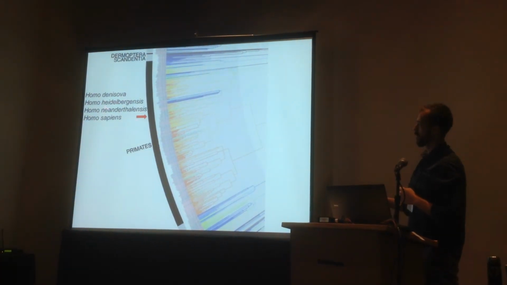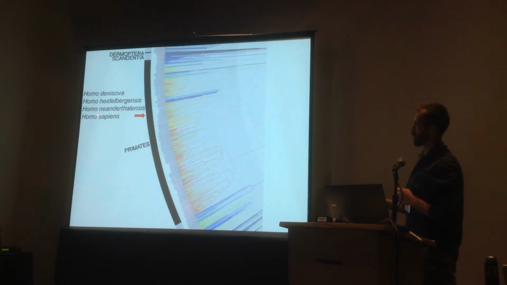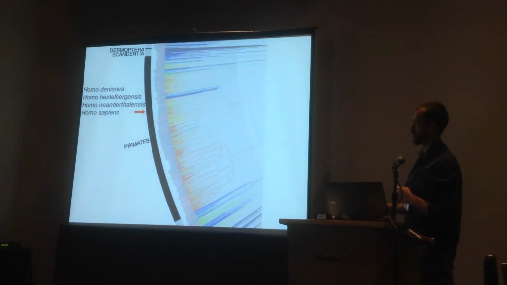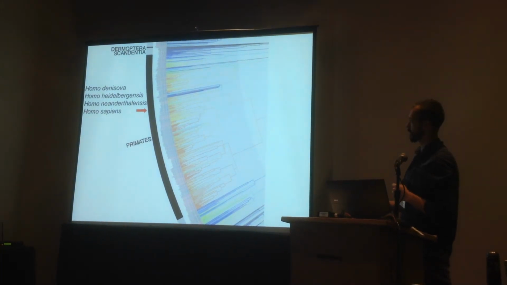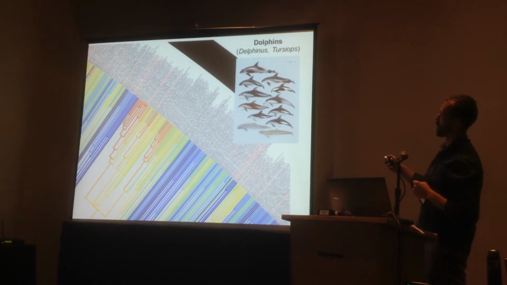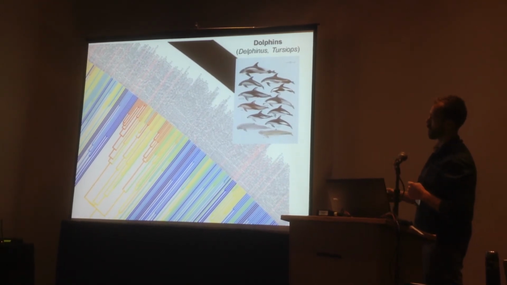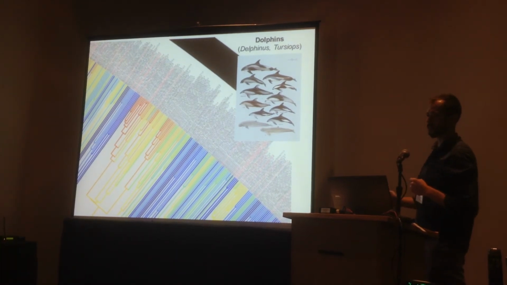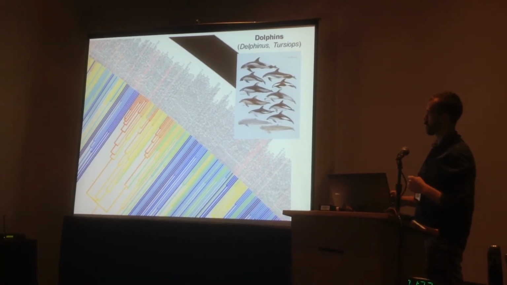Looking at our clade, Homo sapiens here with the three extinct other members of our genus, also showing up hot. Jumping over into the Cetartiodactyla, dolphins have these fast rates of evolution. This is a result that's been found by Dan Rabosky's group and others.